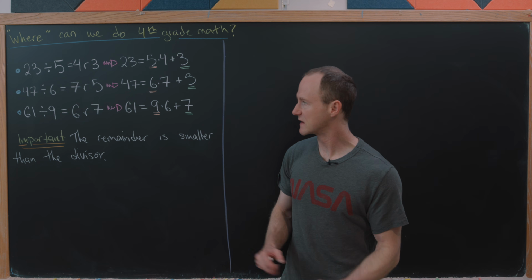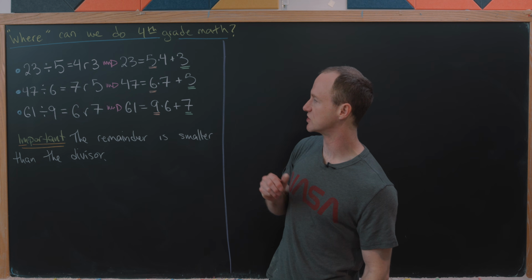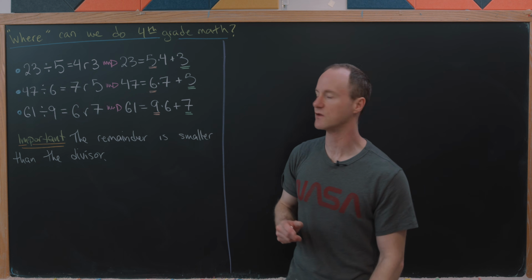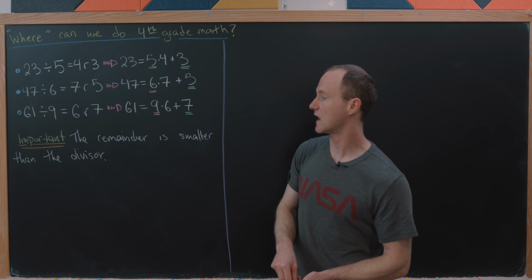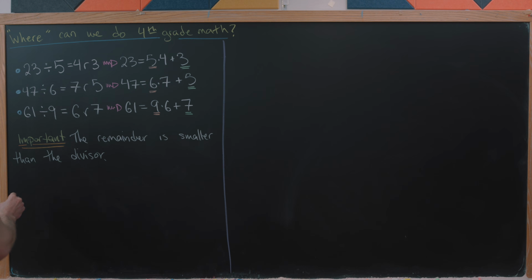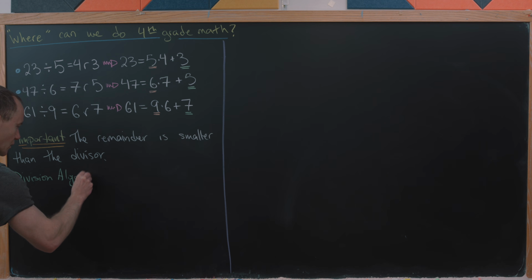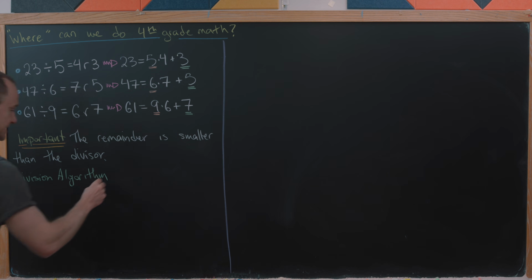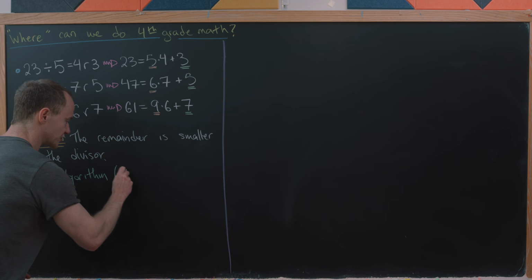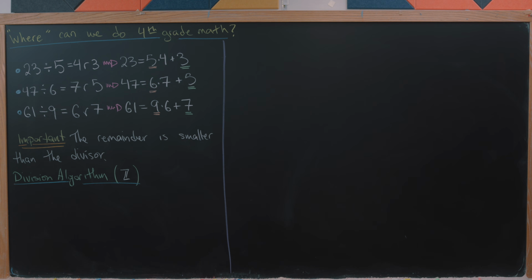Okay, so now what I'd like to do is look at these equations right here, most specifically the ones on the right-hand side of the arrow, and observe that we can generalize this into something called the division algorithm. And this division algorithm is not just going to work for positive integers like you would have done in fourth grade, but this is going to work for all integers. And what the division algorithm on the integers says is this.